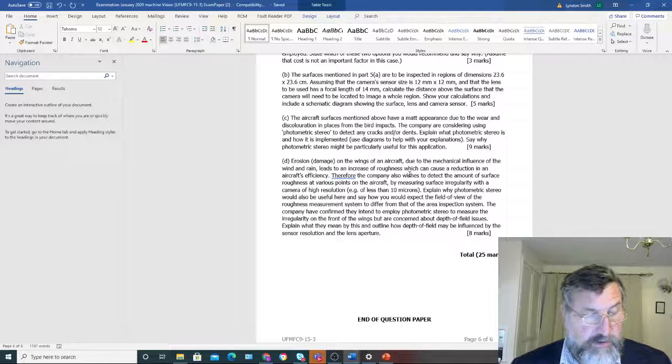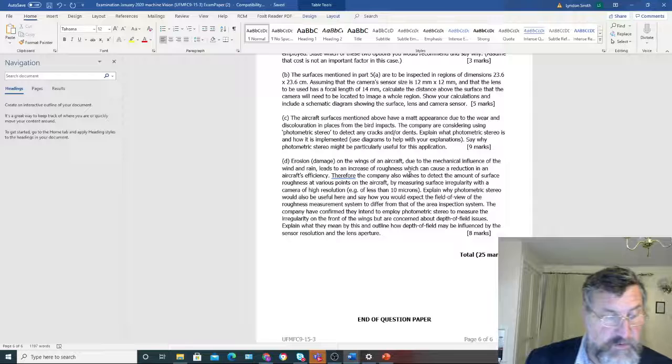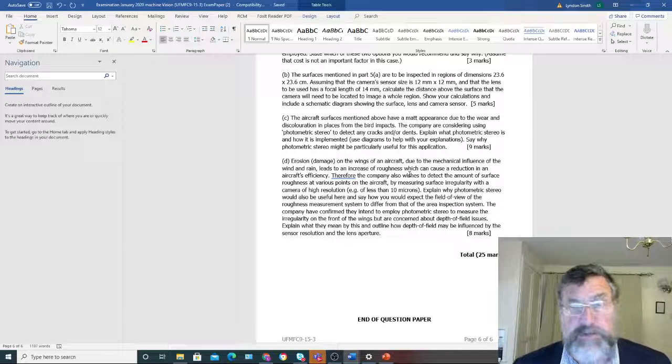As it says here, the irregularities are only around 10 microns. Much smaller than the dents which you might expect to see in the aircraft. Therefore, a much smaller field of view will be needed.